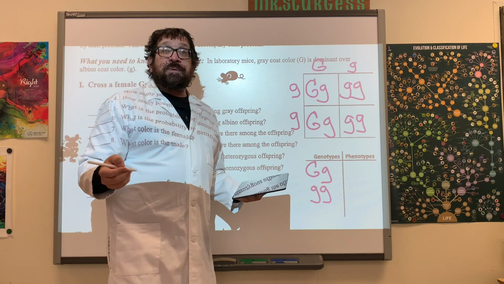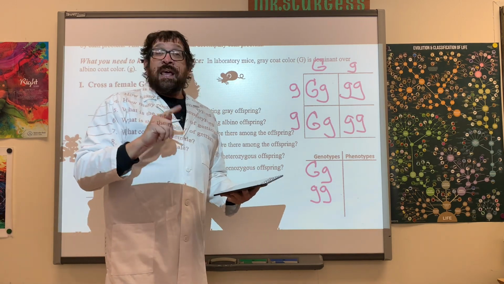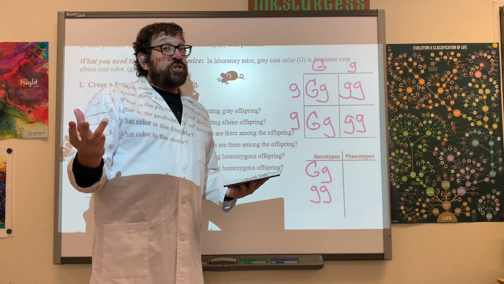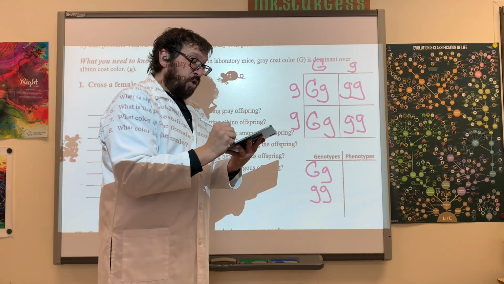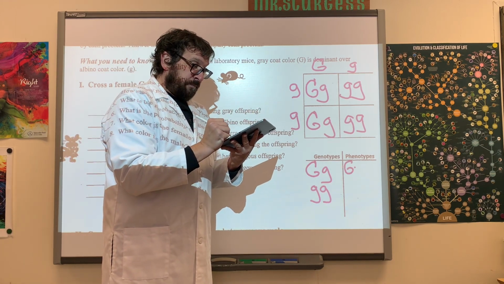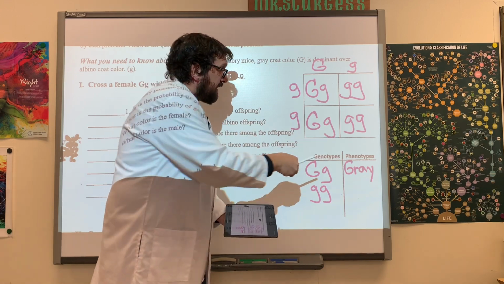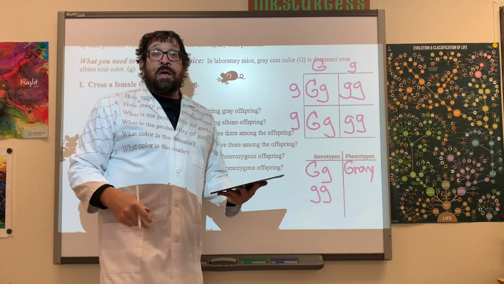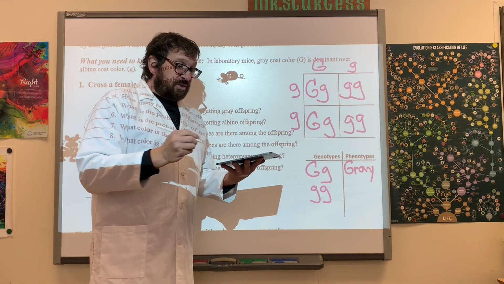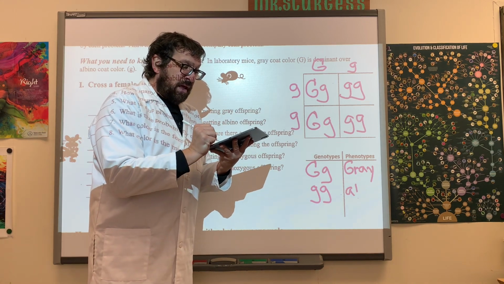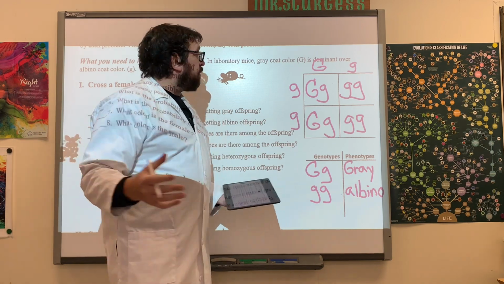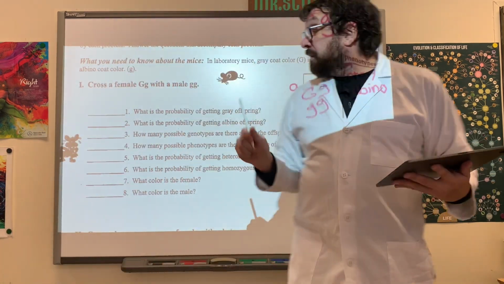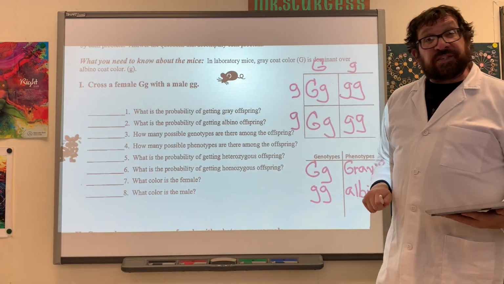And the phenotypes: remember, you only need one dominant gene to make these mice gray, whereas the small g, homozygous recessive, those are going to be albino. We have all the information now that we need to complete all the questions.